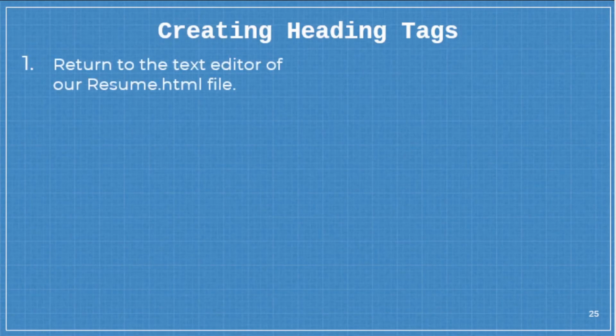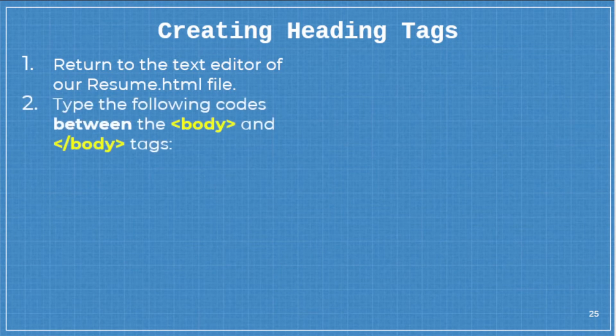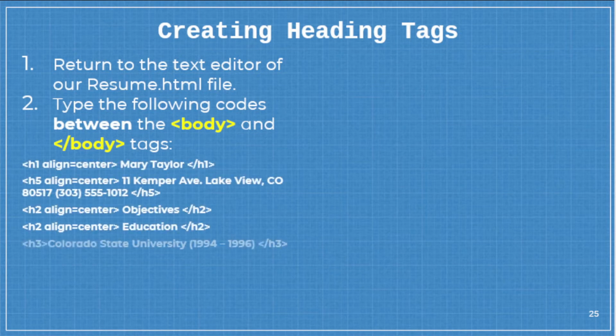Now to create the heading tags, let's go back to our text editor. Are you back there, where you typed the codes earlier? Now I want you to look for the body and /body. Did you find it? Now I want you to type this code.